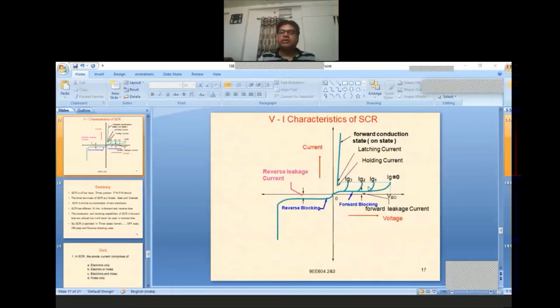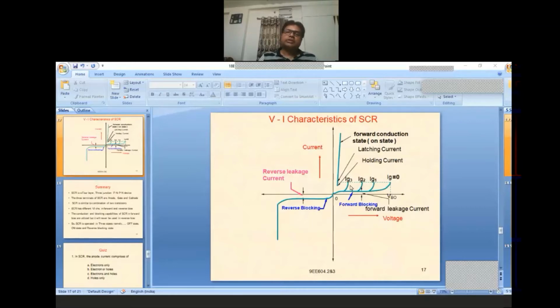Just make a point that so far we didn't have any focus on the gate currents or gate voltages, and so far the SCR conduction is discussed with respect to increase of forward voltage only, and this forward breakover voltage corresponds to Ig0, that is gate current is 0.